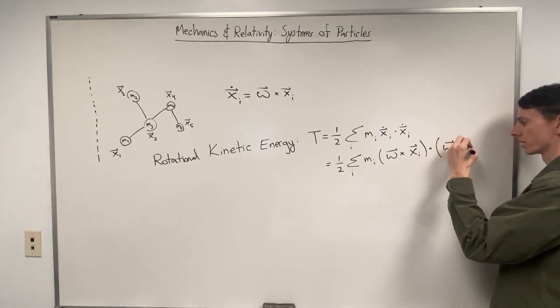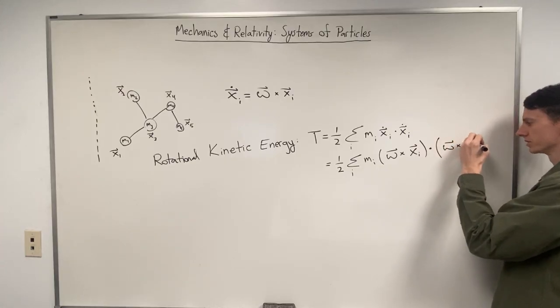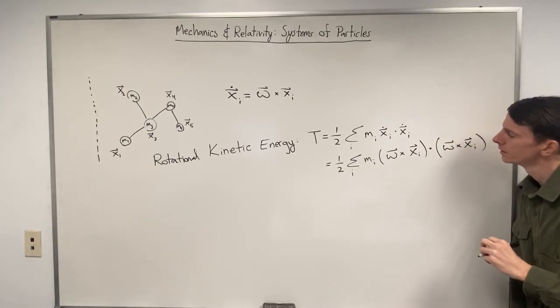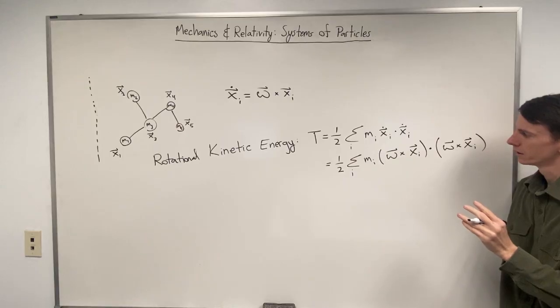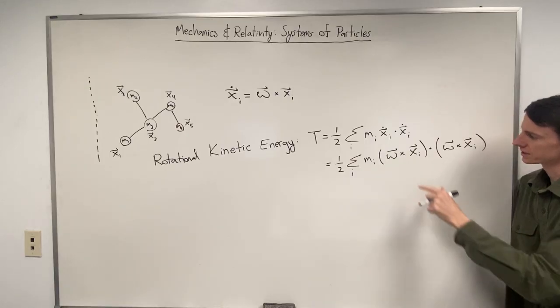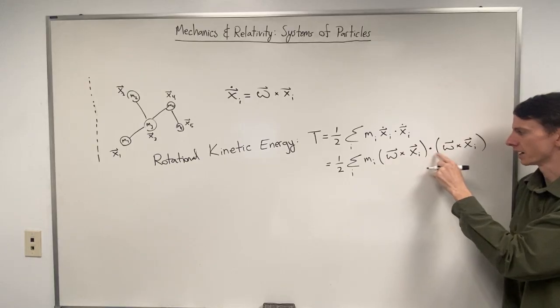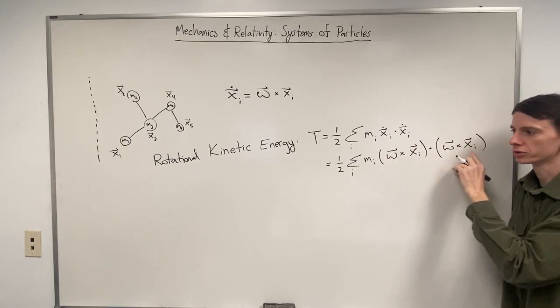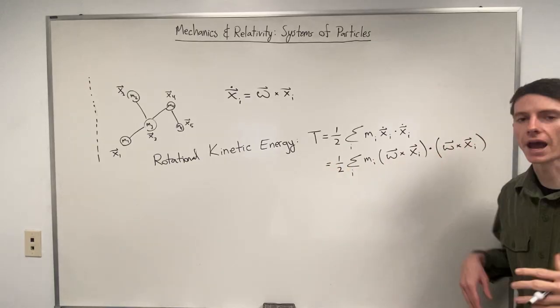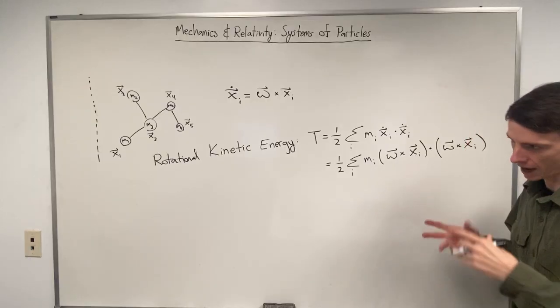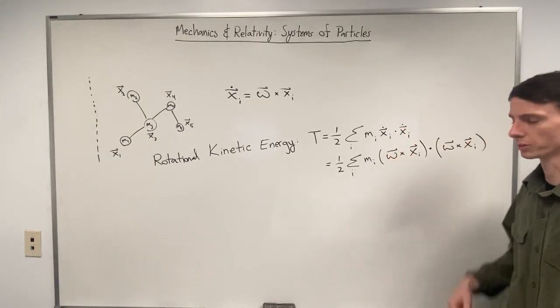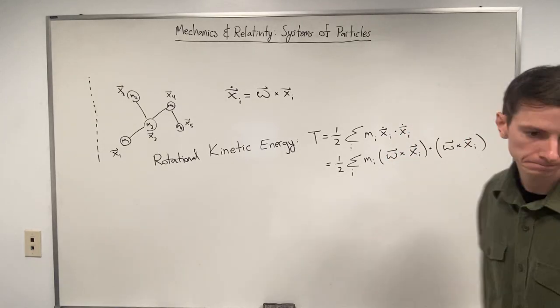Omega cross the ith position. Okay. Now at this point, this is a generalized vector identity. This is almost A cross B dot C cross D. So I'm going to write that out over there so we have the generalized vector identity at our disposal, and then we're going to be able to simplify it a little bit more from there.